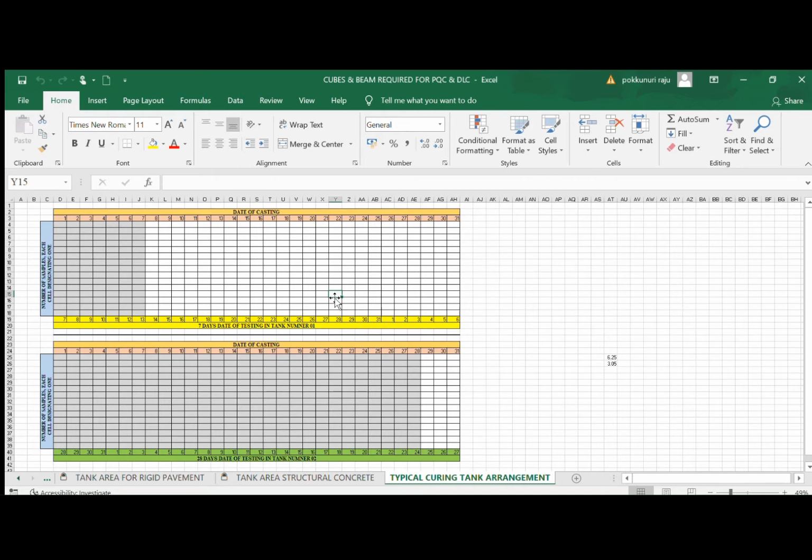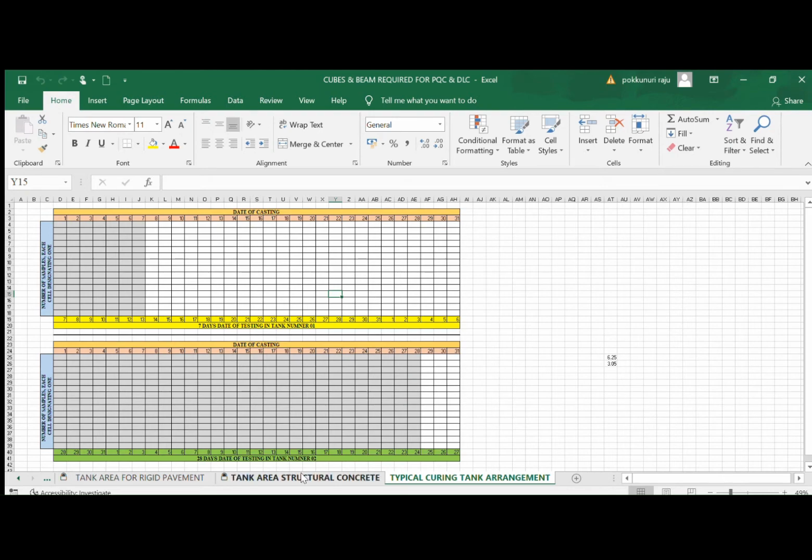Now, this Excel sheet will help you calculate the number of cubes to be tested, and how the number of cubes to be cast in a day can be calculated using simple techniques in the project.